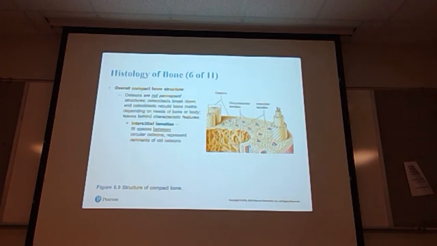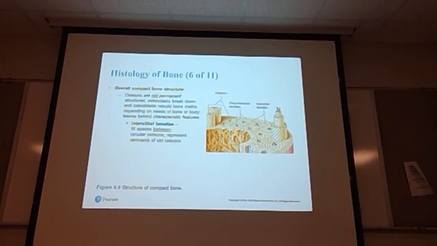The overall compact bone structure, the osteons, are not permanent structures. The osteoclasts break down and osteoblasts rebuild the bone matrix depending on needs of the body, and that leaves behind some characteristic features. These interstitial lamellae, the spaces between the circular osteons, represent remnants of old osteons.